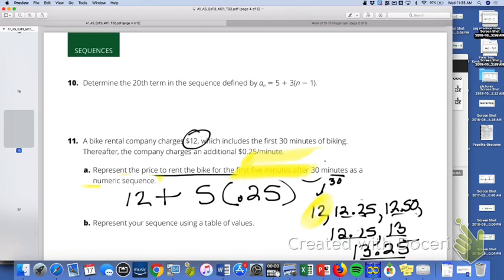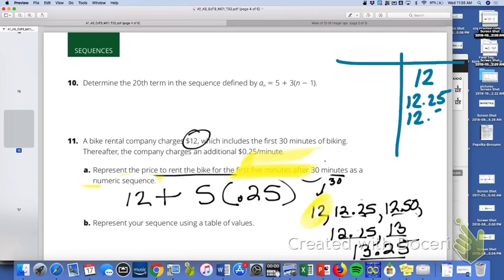And then representing your sequence using a table of values. I didn't give myself enough room over to this side, so in case somebody's writing, I'm just going to put it over here. Okay, so the first 30 minutes is going to cost you 12, followed by 12.25. All of the numbers that we just wrote over here.